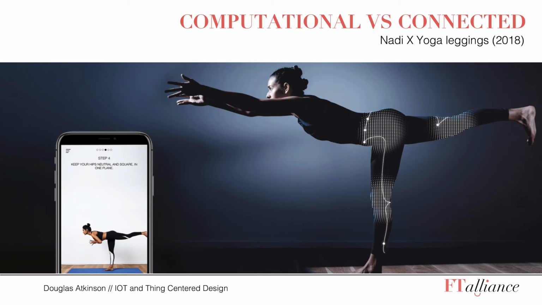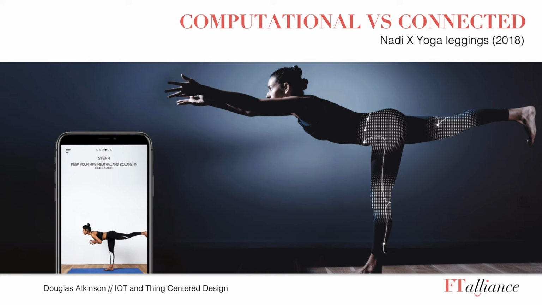In terms of garments, there are various examples available on the market right now that also represent this idea of connection to the internet through a hub or through a mobile phone. This example is the NadiX yoga leggings, and these are leggings that can sense posture and can provide vibration feedback so that you know how to correct your posture.